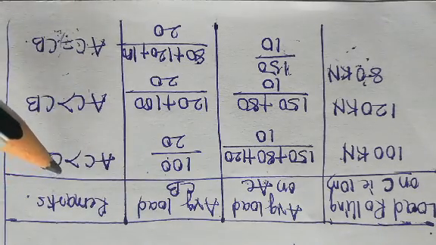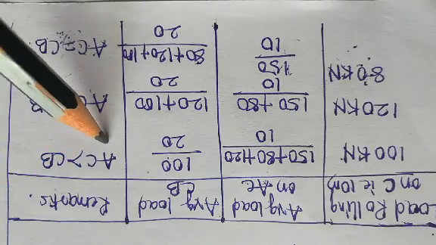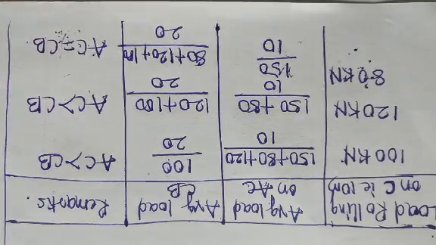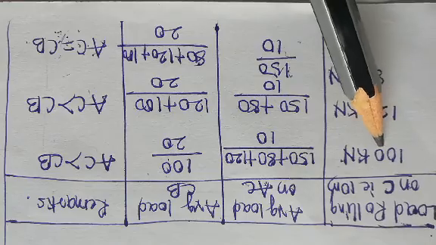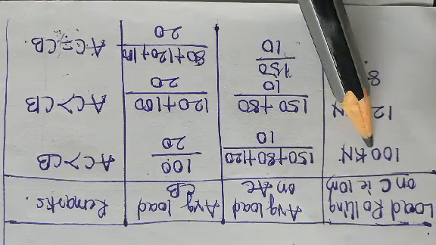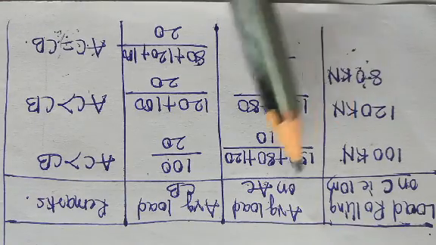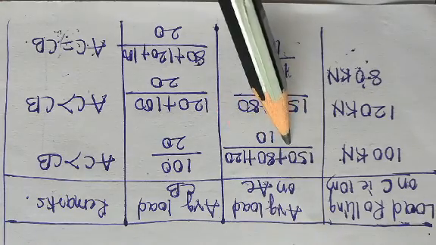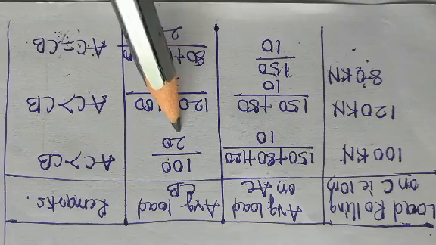Remarks are nothing but whether the AC section is heavy or the CB section is heavy. Once 100 kilonewton passes C, we will have 3 loads on AC section and 1 load in the CB section.